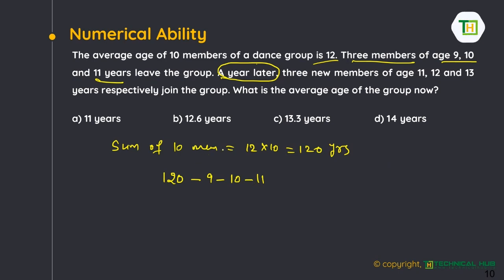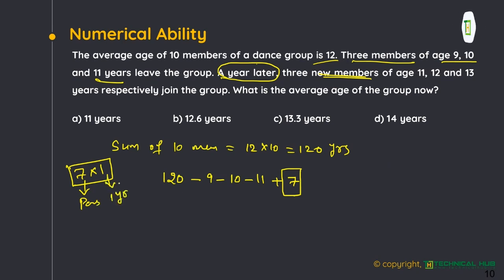For these 7 members, each and every person's age increases by 1 year because the new members joined after 1 year. First add 7. Why are we adding this 7? Because these 7 years are for 7 members. Each person's value increases by 1 year. 7 persons and 1 year, 7 into 1, which is equal to 7 years.